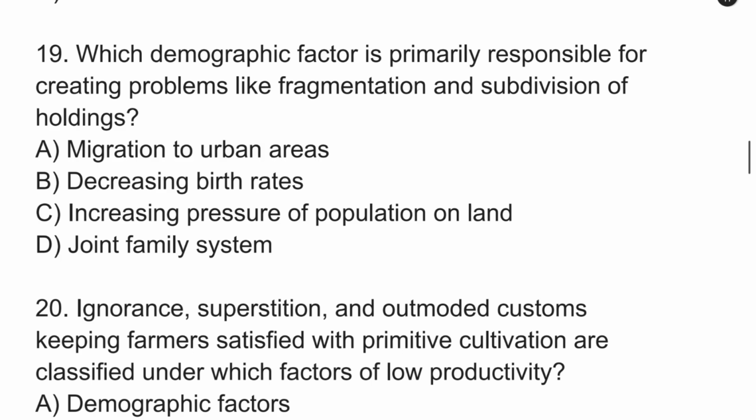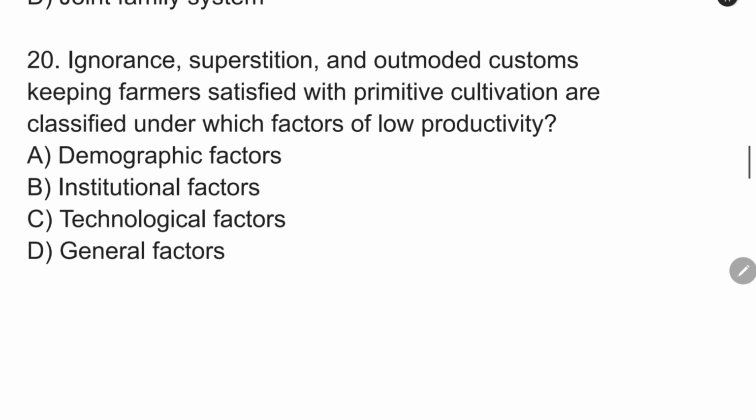Which demographic factor is primarily responsible for creating problems like fragmentation and subdivision of holdings? Increasing pressure of population on land. Ignorance, superstitions and outmoded customs keeping farmers satisfied with primitive cultivation are classified under which of the factors of low production?